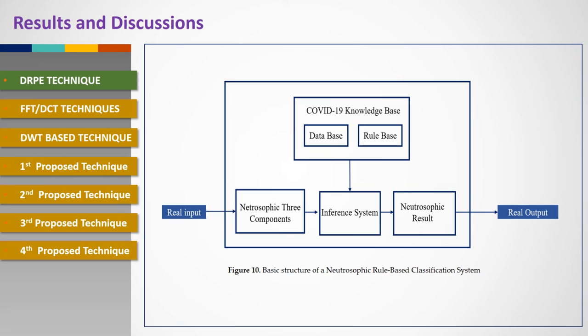This is the real input, or data, which when converted to Neutrosophic gives three components, then the inference system, Neutrosophic results, and real output.